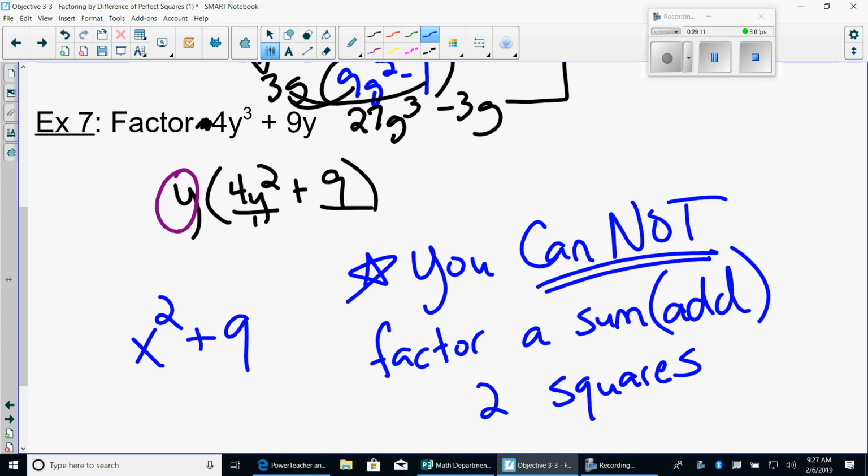One of the answers is going to be x plus 3 and x plus 3. And if you're not paying attention, and if you don't check it, you won't realize that that doesn't work. The middles won't cancel. So you just say it is prime or not factorable.